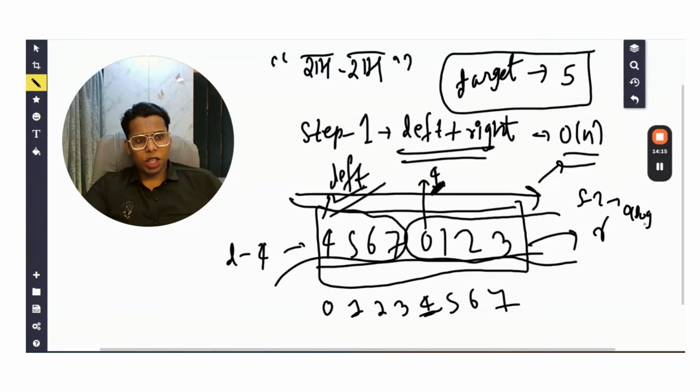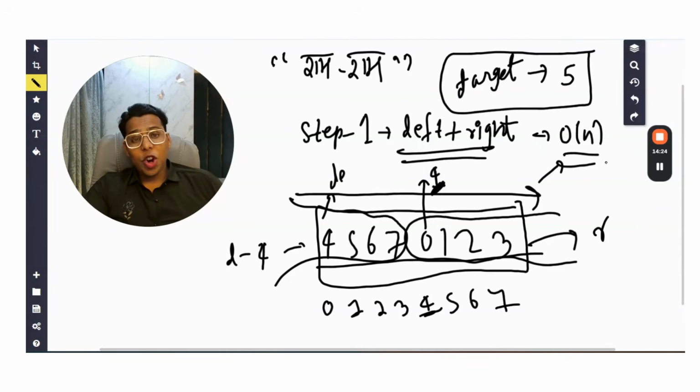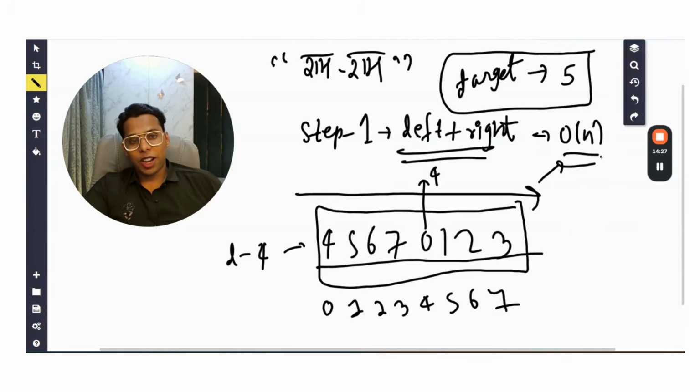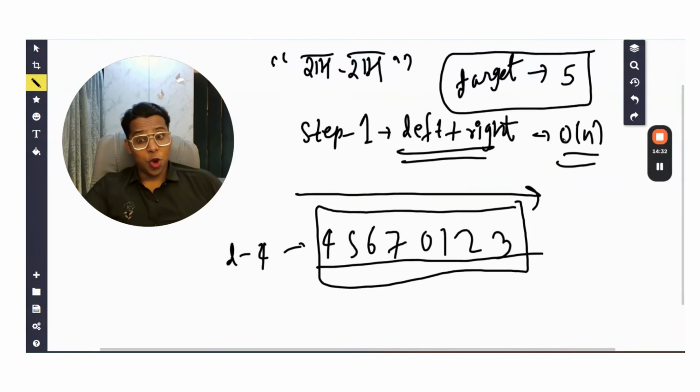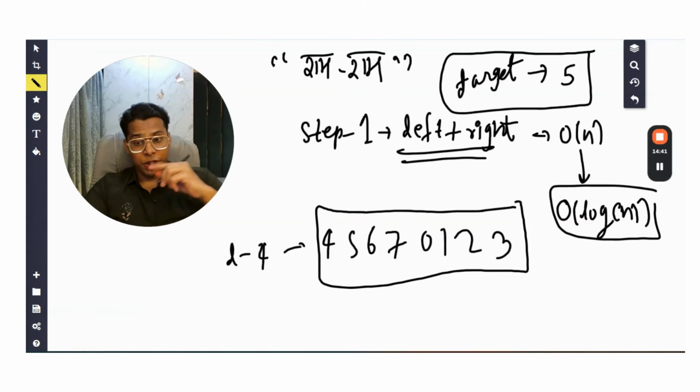But what is the total time it takes? It takes O of n plus log n time, which is not very efficient because you're traveling the whole array at least one time. Now, can you optimize step 1 to O of log n?